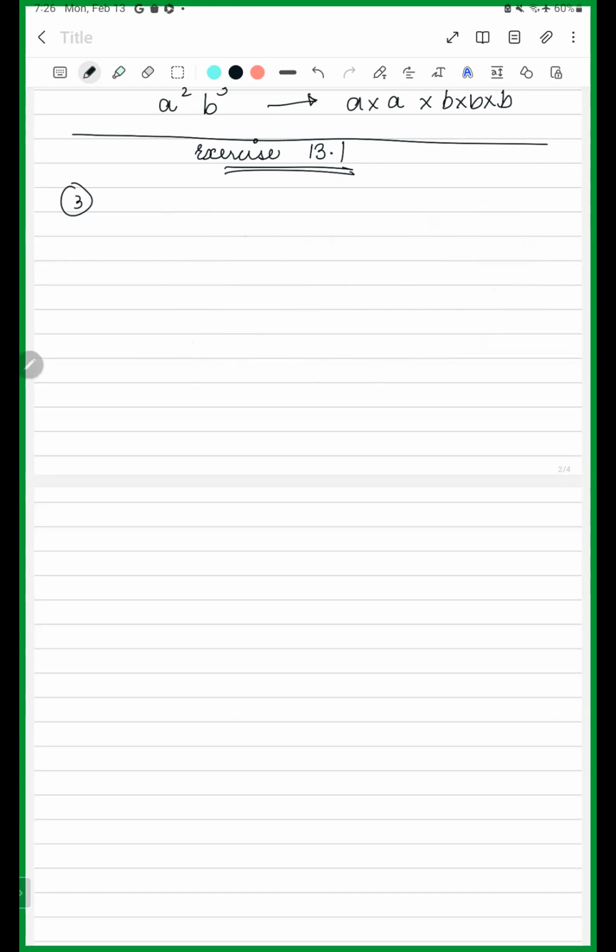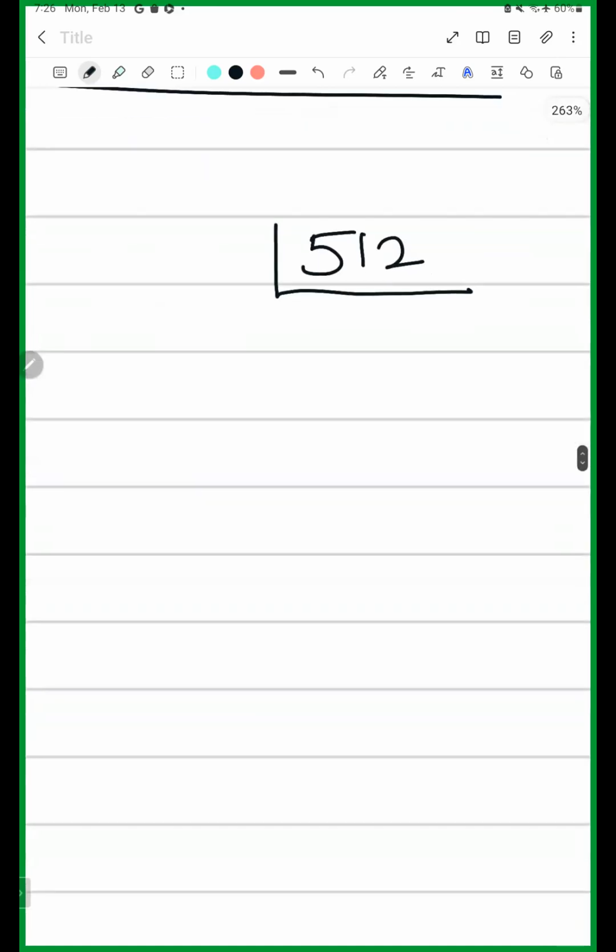Now, how will you find the factors? First part is 512. We use prime factorization. Now do you know how to do prime factorization? See, Hiba, let me write them a little far apart from each other. 5, 1, 2.